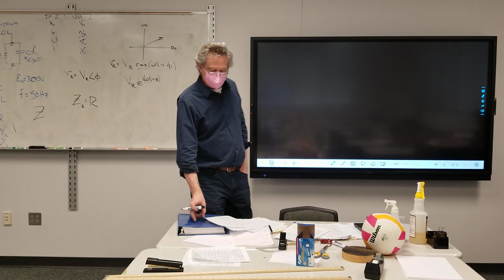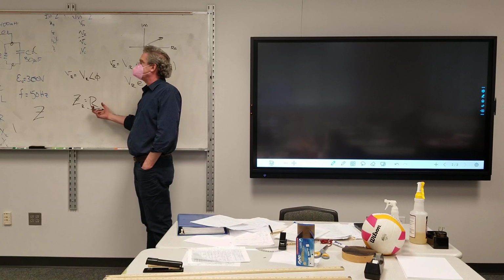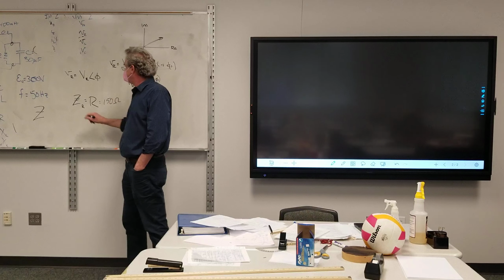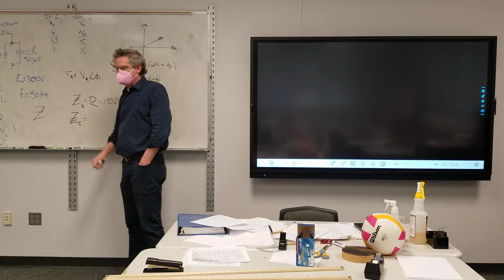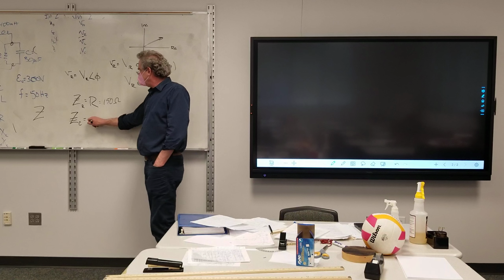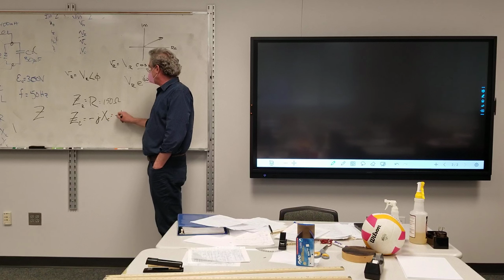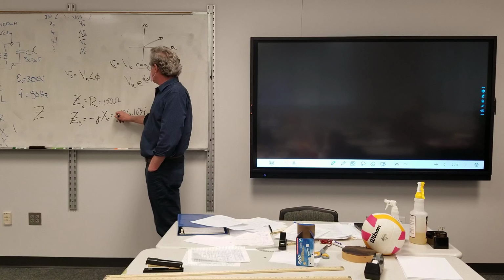So Z sub R is not the radius, it's the resistance, the 150 ohms. Z sub C is negative j X sub C, or negative 106.1034 j.